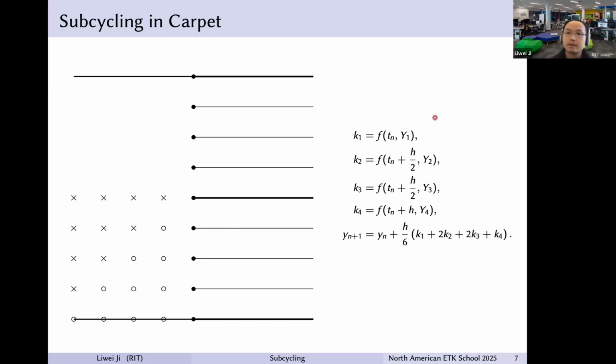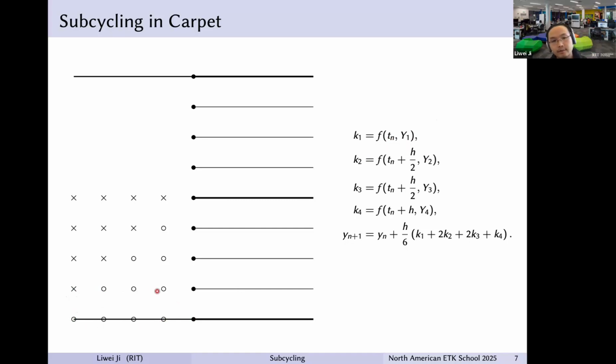Because when we evaluate the K's from the intermediate stages of capital Y's, there is a finite difference operator, after you evaluate this first intermediate stage to get a K, the first boundary point will be invalid because of the finite difference operator.